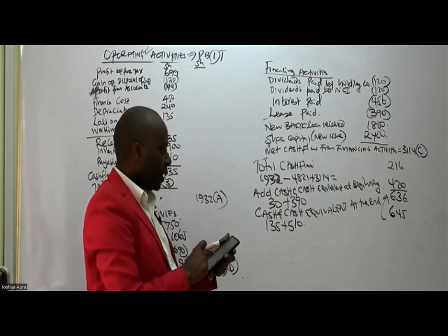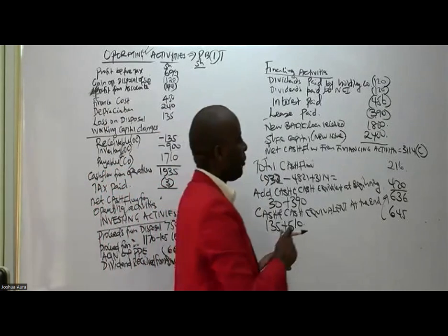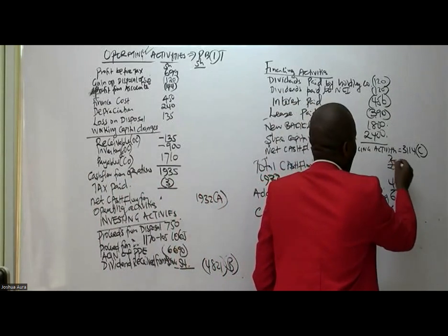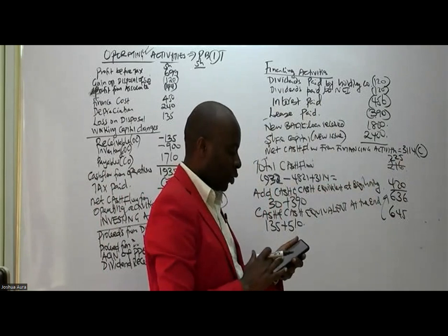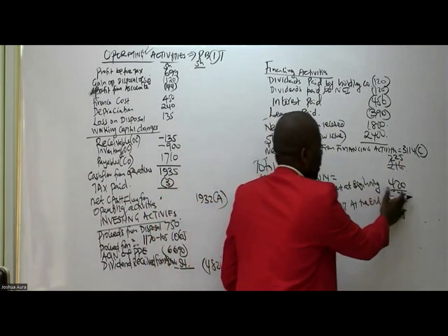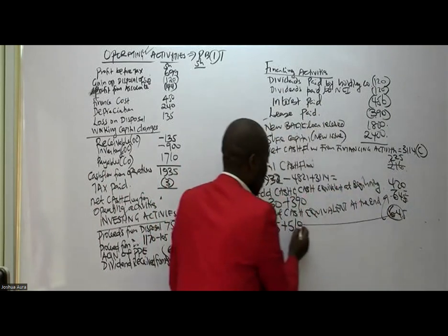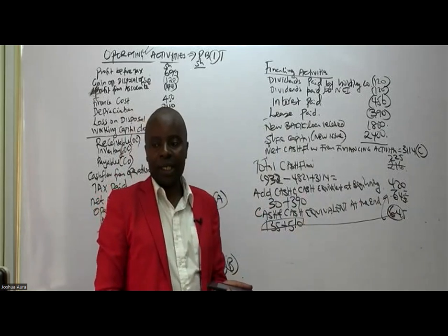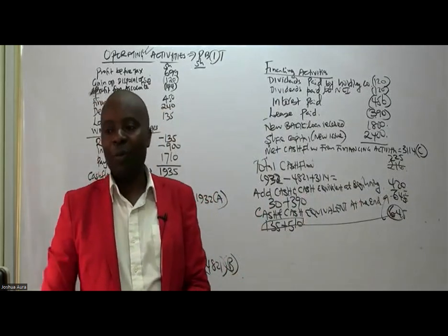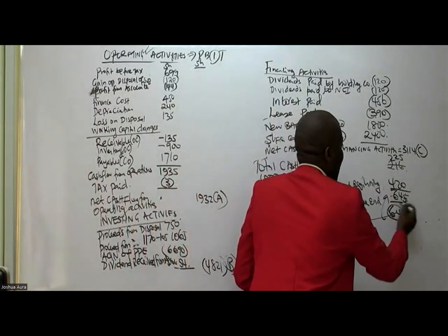Minus 4821 plus 3114, which gives me 225. So this is supposed to be 225. So 225 plus 420 gives me 645, which in this case tallies with this cash and cash equivalents at the end. So we have been able to hack this. We are very correct, 100%.